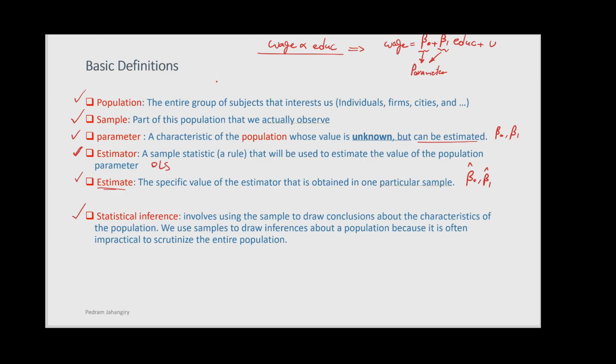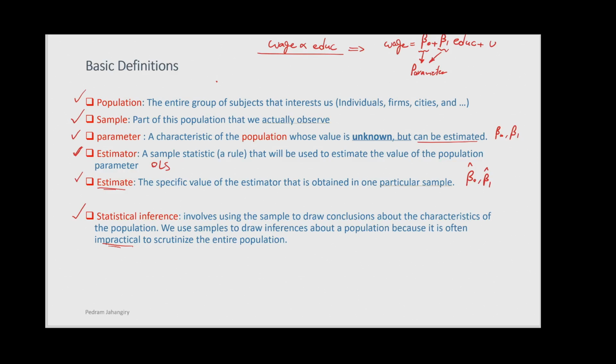Statistical inference involves using the sample to draw a conclusion about a characteristic of the population. We use a sample to draw inferences about the population because it is impractical to consider the entire population. This is nothing new. We already know that it's impossible for us to work with the entire population.